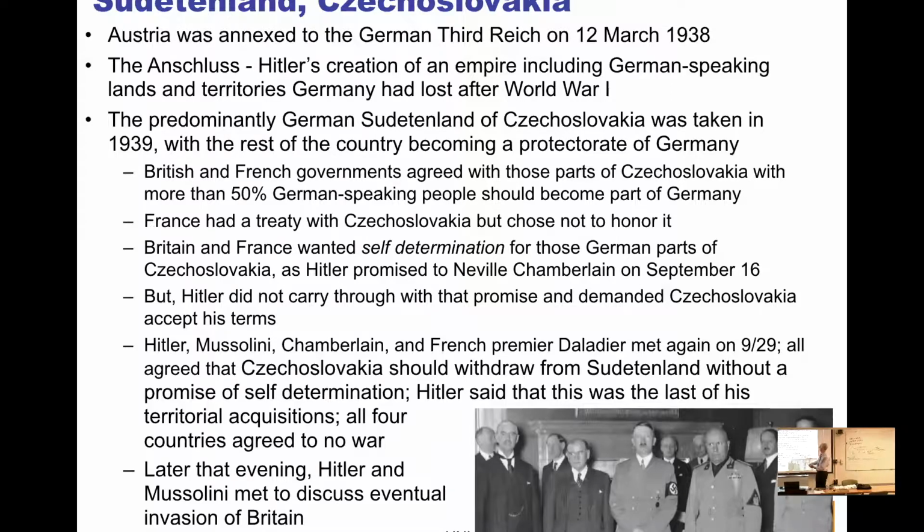And so then in 1939, he took the German parts of Czechoslovakia to be part of his German empire: Austria, and now the German part of Czechoslovakia.